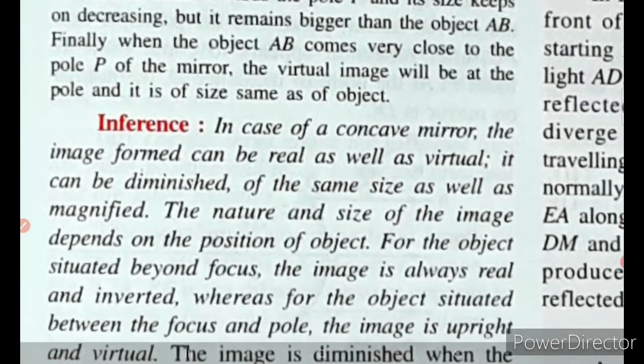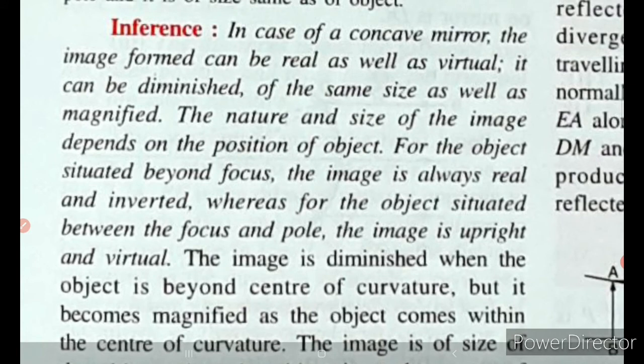Now the inference of whatever things we have studied for the concave mirror. Inference: in case of a concave mirror, the image formed can be real as well as virtual, which you have seen, in the last case it was virtual. It can be diminished, of the same size, as well as magnified. The nature and the size of images depend upon the position of the object.